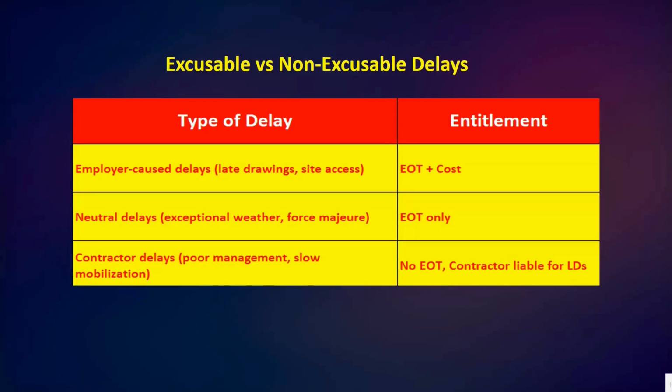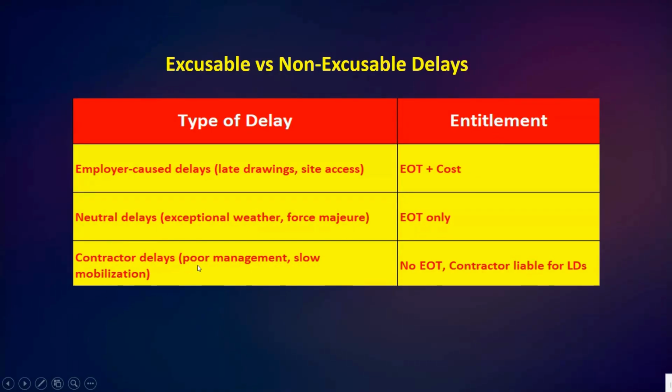Okay, so next we have excusable versus non-excusable delays. Here you can see we have type of delay, then entitlement. First let's look at the employer caused delay, such as late drawings or site access. Here entitlement is the EOT plus cost, then neutral delay is EOT only.